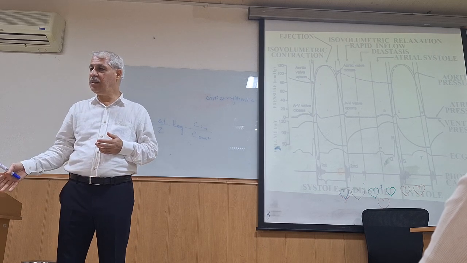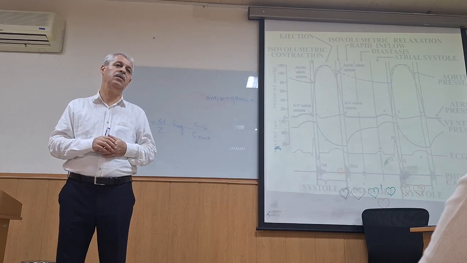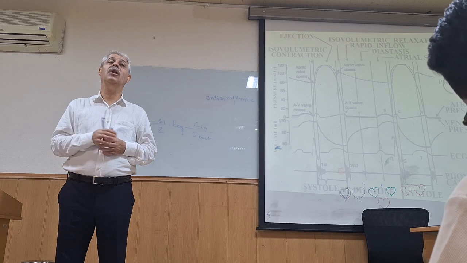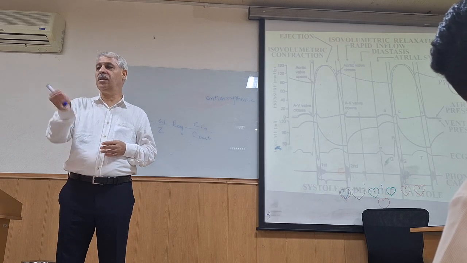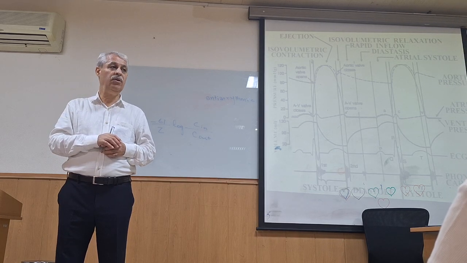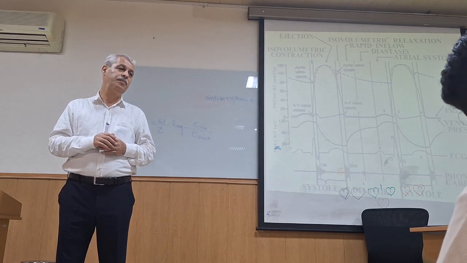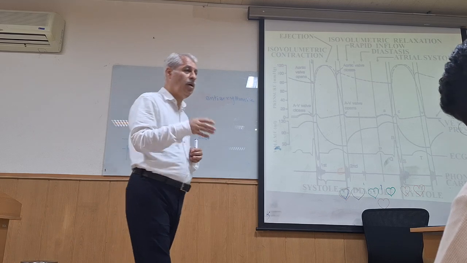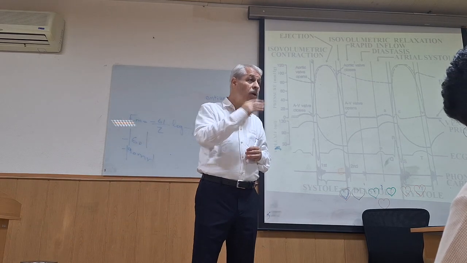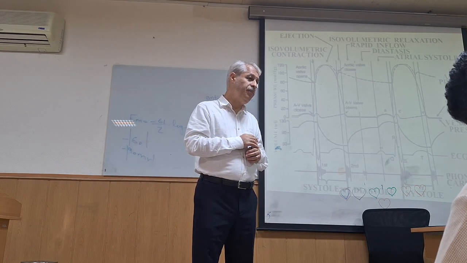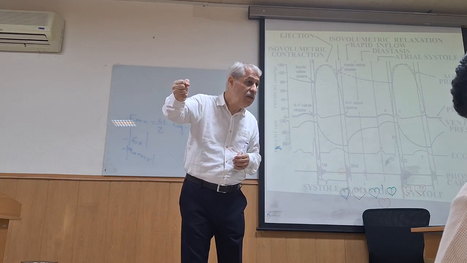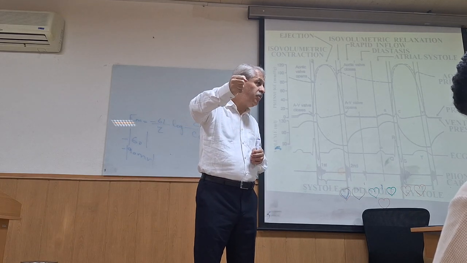Hyperkalemia and hypocalcemia both have the same effect. In hypercalcemia, if we increase the extracellular calcium, the heart will stop at systole, when it is contracting. This is a spastic contraction.